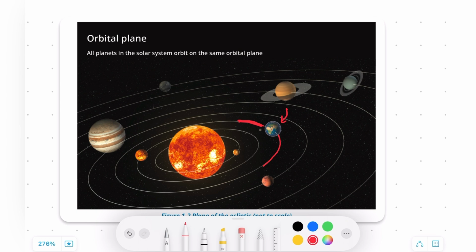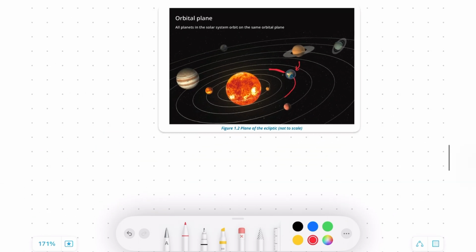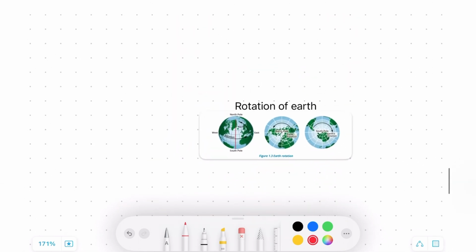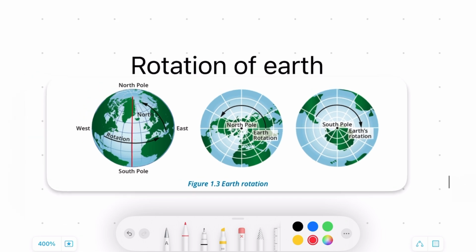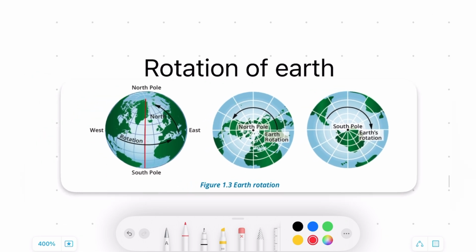Now, this figure is definitely not to scale, but it gives you an idea of what the movement of the planet is. What you also need to realize is that the earth also rotates about its own axis. The earth is rotating from west to east.